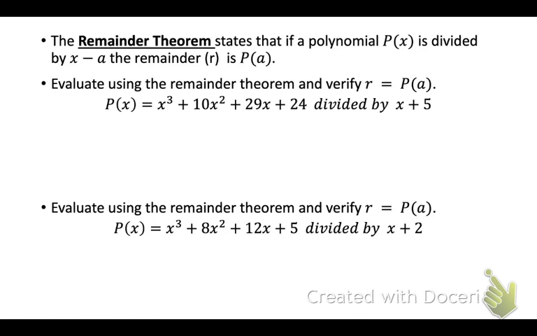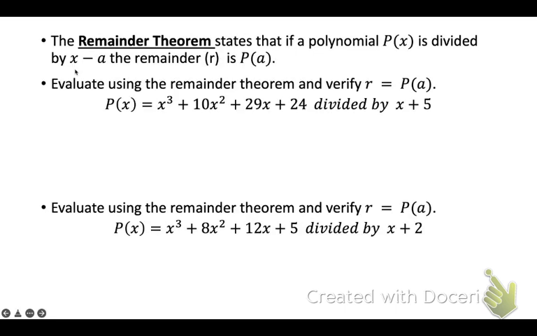Remainder. Remainder is p of a. So this right here would be x equals a, correct? So what this says is if I put a into the polynomial for every single x and work out all the math, I just get what my remainder is when I synthetically divide. That's what that says.